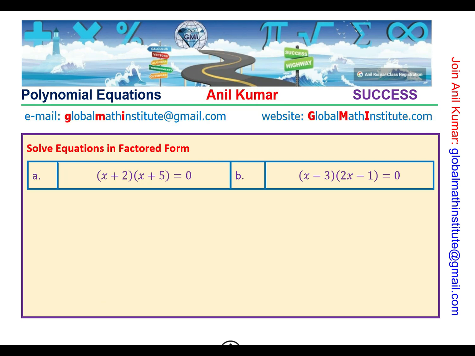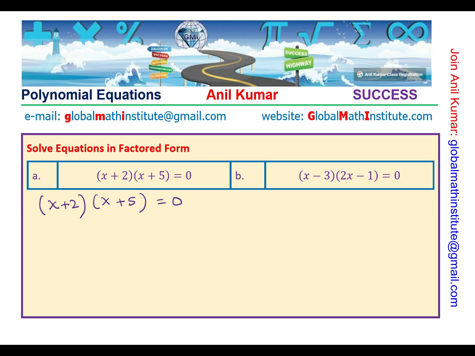The very first one is x plus 2 times x plus 5 equals to 0. Now 0 times anything will be 0. So that is zero principle of multiplication. So that means that x plus 2 can be equal to 0, and that gives you one solution, which is x equals to minus 2.